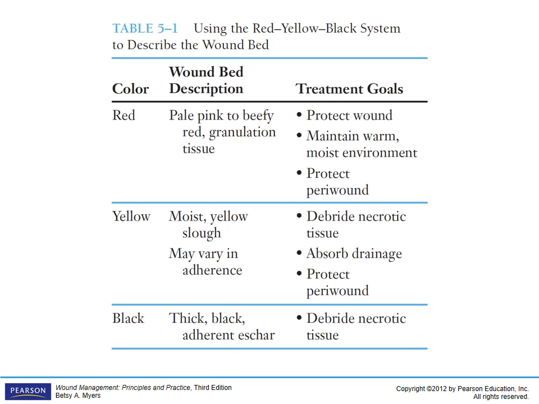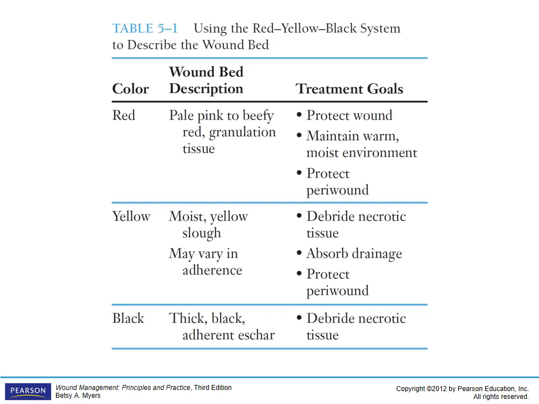So if you have beefy red granulation tissue in a wound bed, 100% beefy red granulation tissue, your treatment goals are just to protect that wound, maintain that warm, moist environment and the peri-wound area, and let it heal. Let the body heal it, because it will. You'll start to see the epithelialization and the closing of that wound.